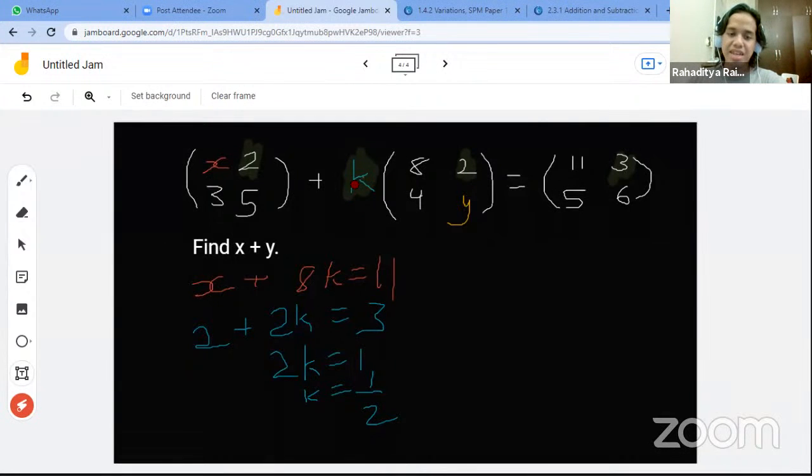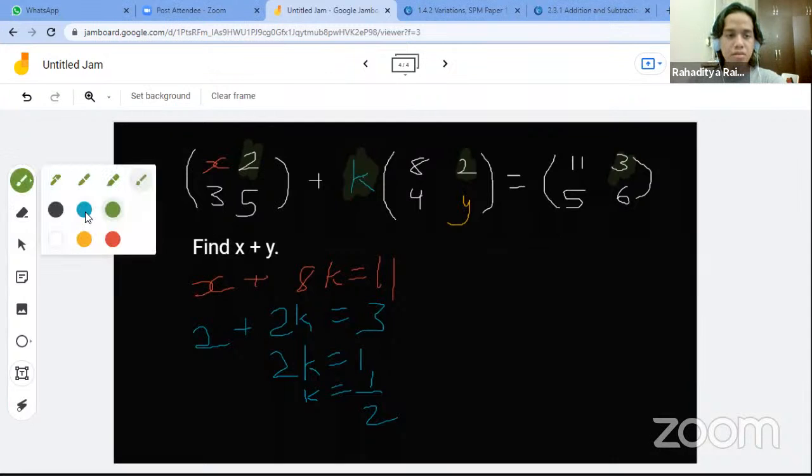When you put a k in front of a matrix like this, like an integer, that means that k will multiply all of the numbers inside. So 8 will be times by k, 2 times k, 4 times k, y times k, basically. So yeah. Okay, good.